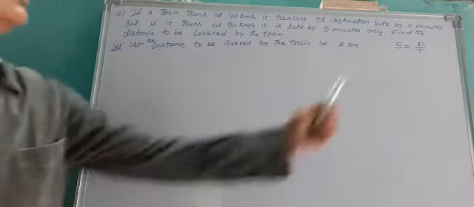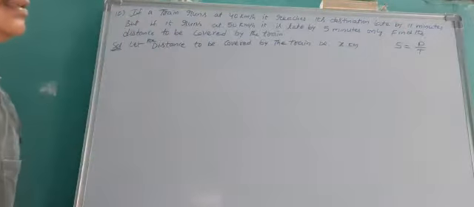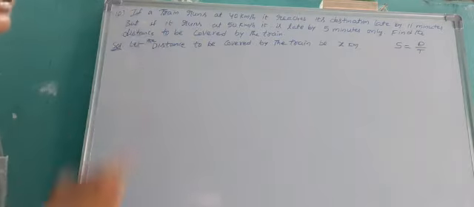Now we have the speed in first case and speed in second case, and the late time is also given. First time 11 minutes late and second time 5 minutes late. With the help of these clues, we have to find out the value of x, that means the distance.